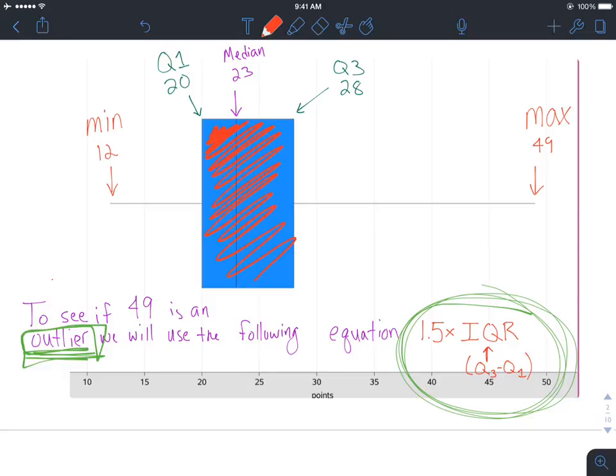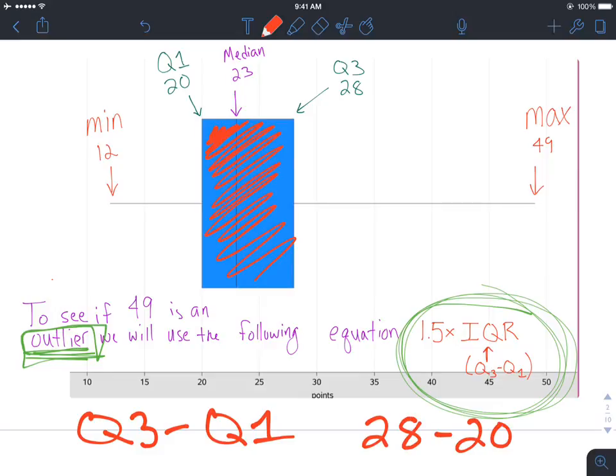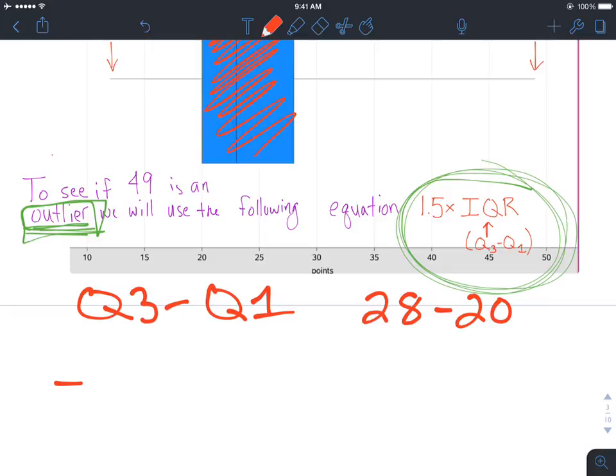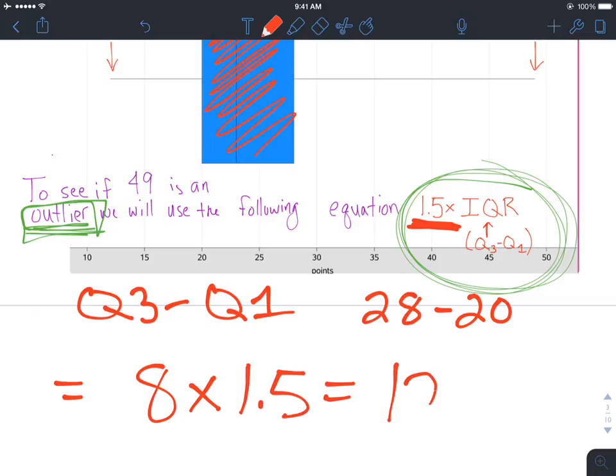So Q3 minus Q1 is the same as 28 minus 20, which gives you 8. Then statisticians have figured out that you multiply that by 1.5. So if I multiply 8 by 1.5, I end up getting 12.